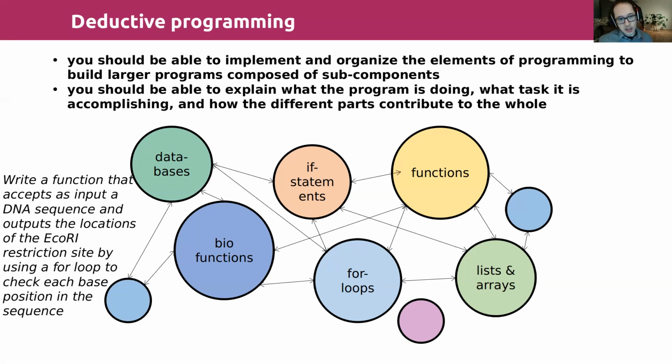If I tell you to build this, write a function that accepts as its input a DNA sequence and outputs the locations of the EcoRI restriction site by using a for loop to check each base position in the sequence. If I tell you like this, use this particular element, use a conditional, use a for loop, you should know how to kind of construct these things.